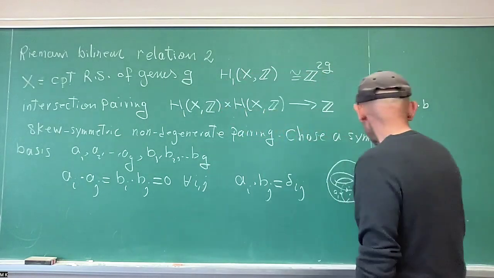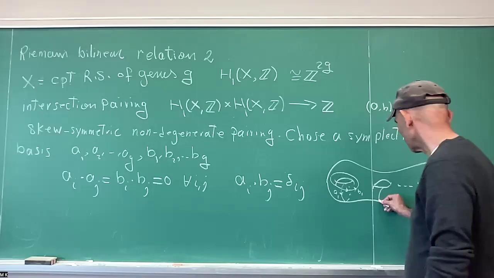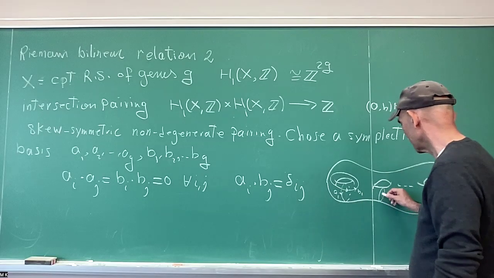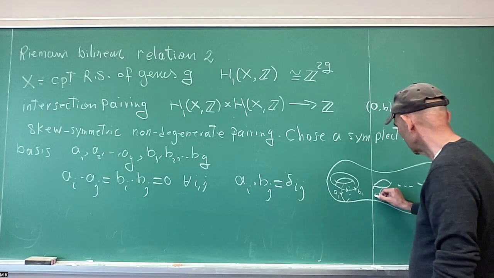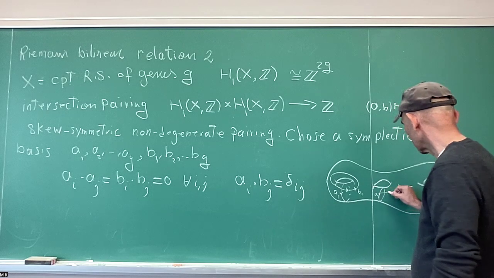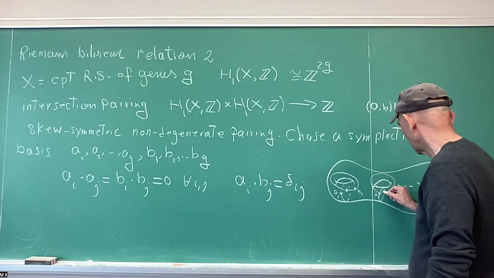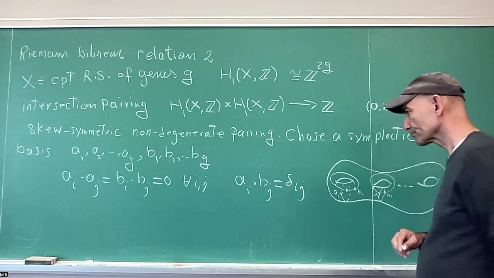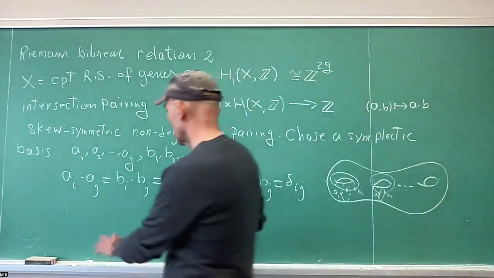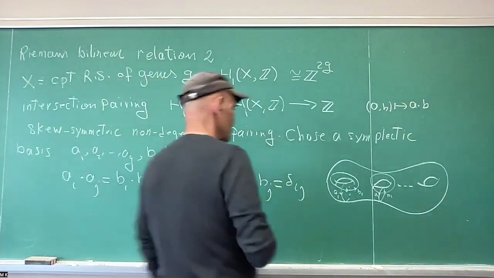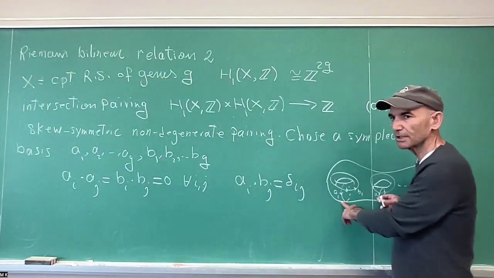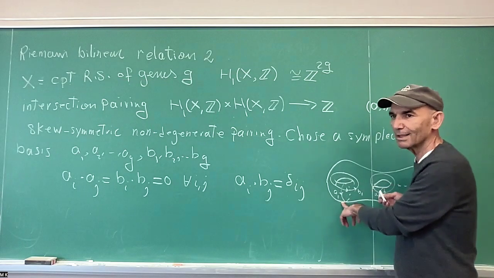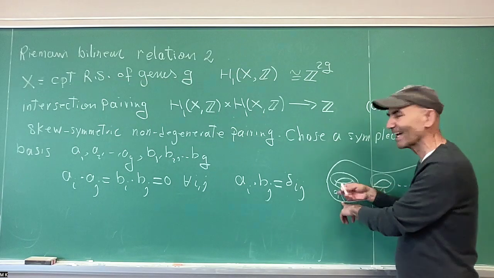And so we just choose these cycles around all these points. So this is like A2, and this is B2, and so on. So it's clear that Ai dot Aj is equal to 0 because these guys don't intersect each other. I mean, if you want, you can intersect them, but you won't get any non-zero pairing because they cancel each other.